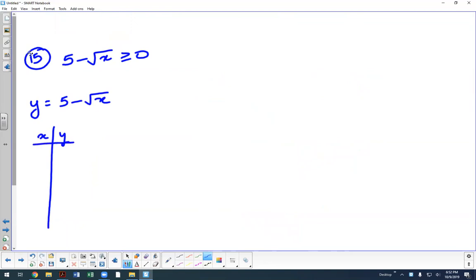So I can start by creating a table like we did for the previous example. Then graph your function.